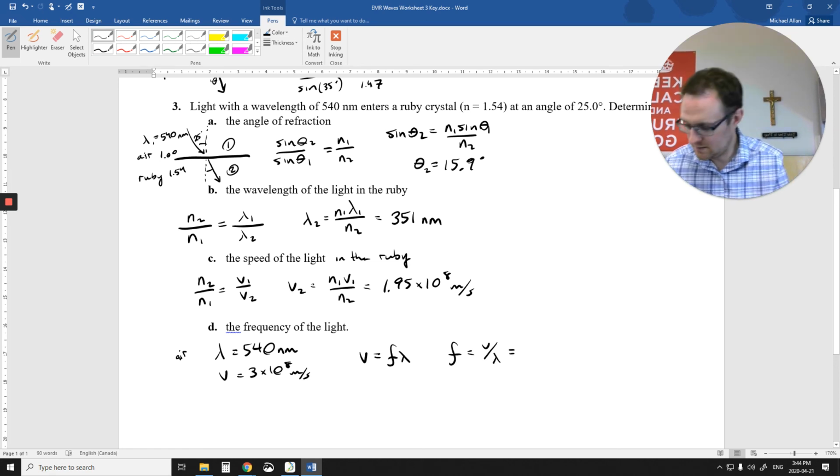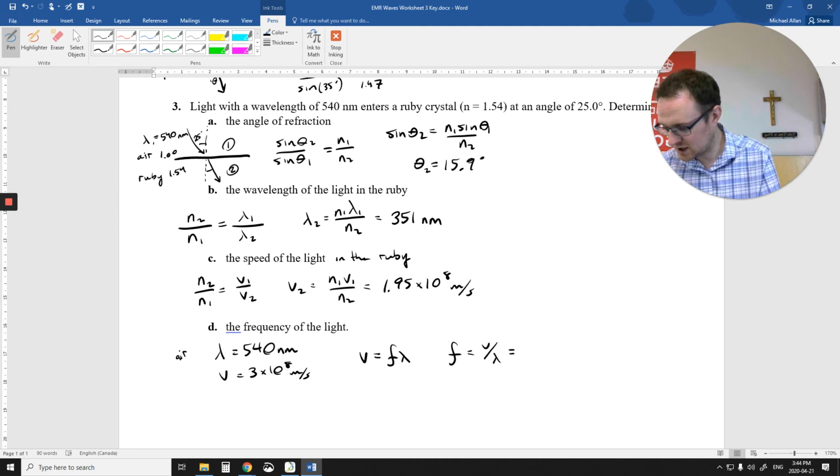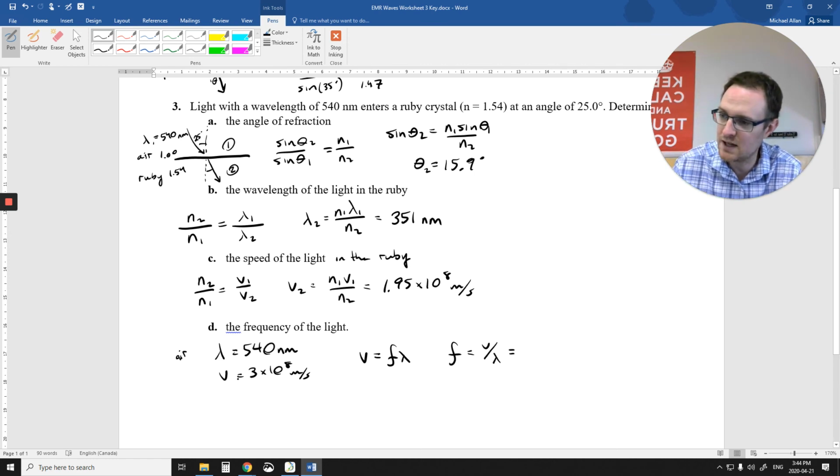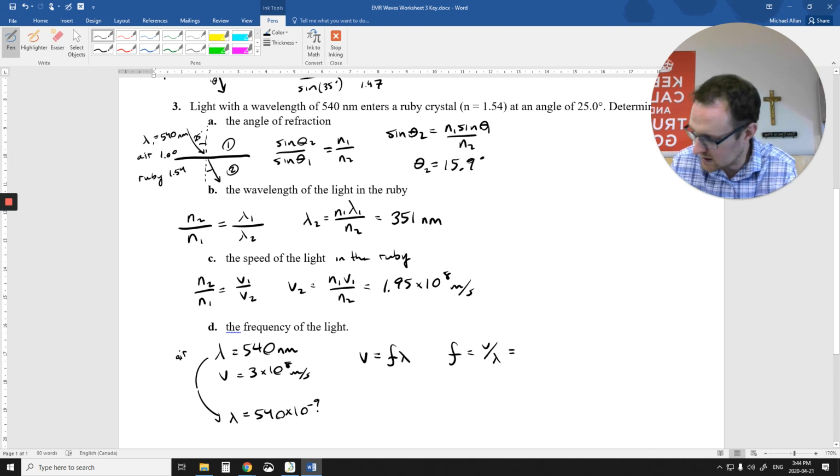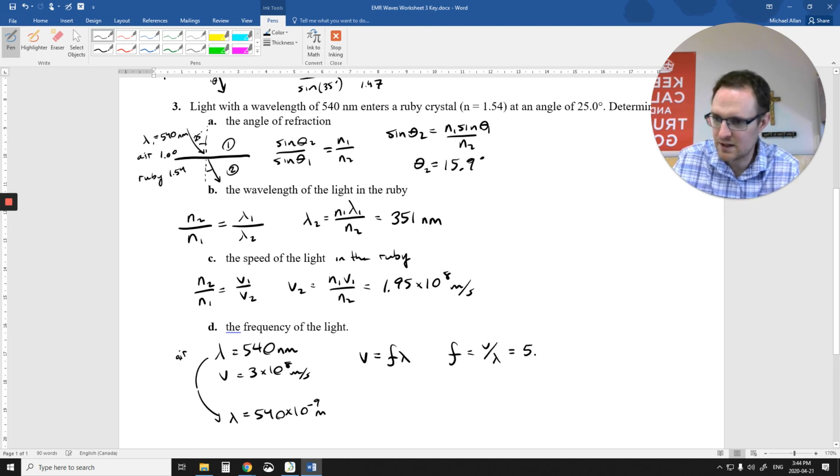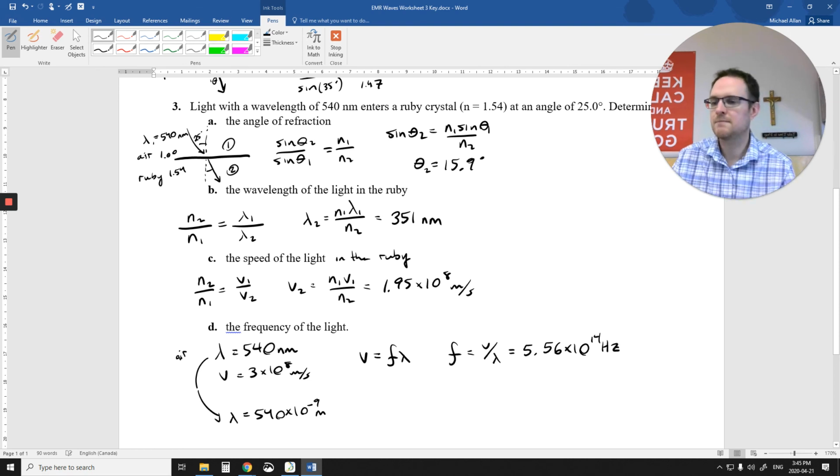So I'm going to take my speed, 3 times 10 to the 8, divided by the nanometers, but I have to change that into meters. I'm going to change that into meters by multiplying this number by 10 to the negative 9. You do that in your calculator, and it gives you times 10 to the negative 7, but this is not proper scientific notation, though. Put those two things in my calculator, and I get 5.56 times 10 to the positive 14 hertz. There you go.